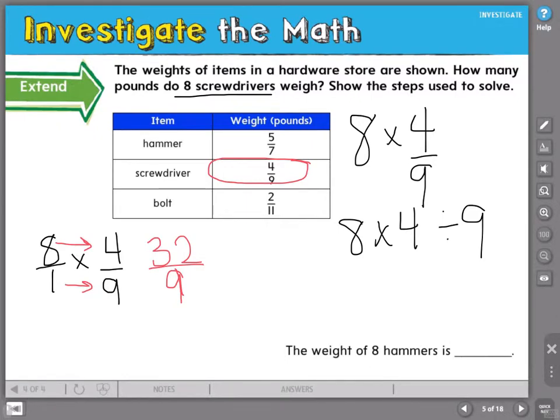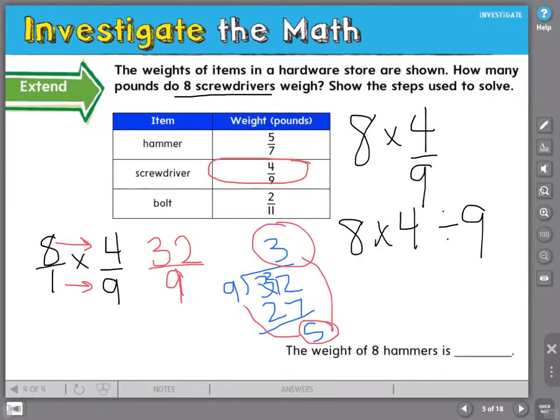So I'll take 32, I'll divide it by 9. I know that 9 can go into 32 3 times. That gives me 27 with 5 left over. So 3 and 5/9. The weight of 8 hammers is 3 and 5/9 of a pound.